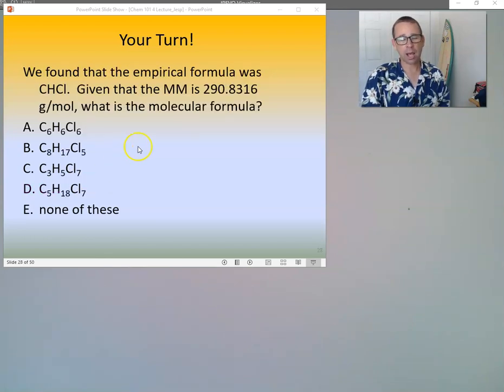And then, after we had the empirical formula, if we were given molar mass information, we could compare the empirical formula's mass, the empirical mass, to the molar mass, the molecular mass, and the multiplier between those two would also be the multiplier on the number of atoms in the molecular formula.